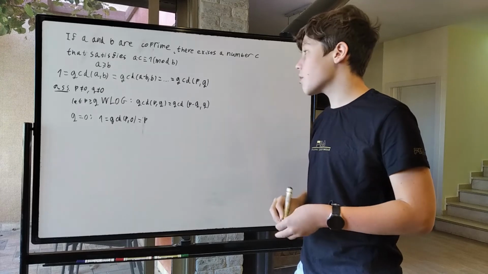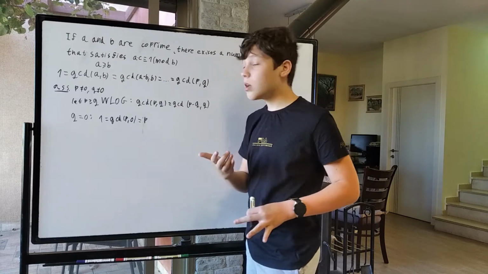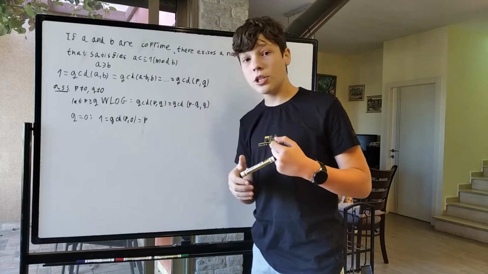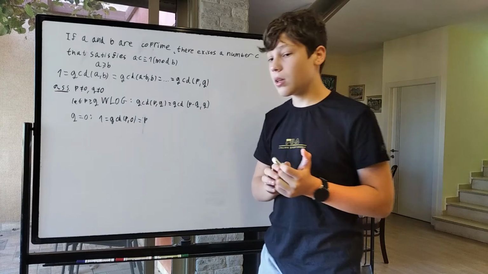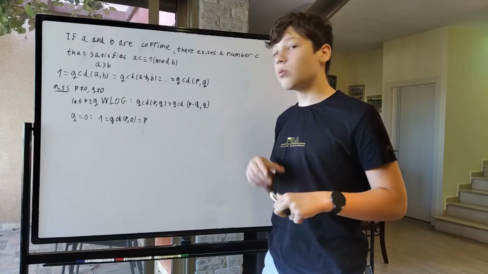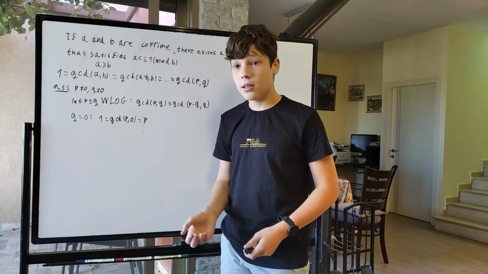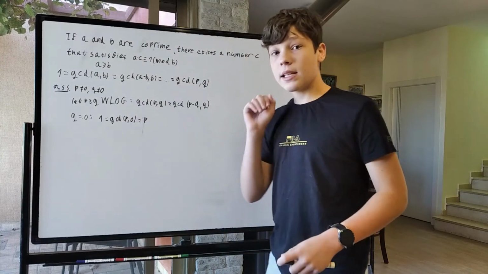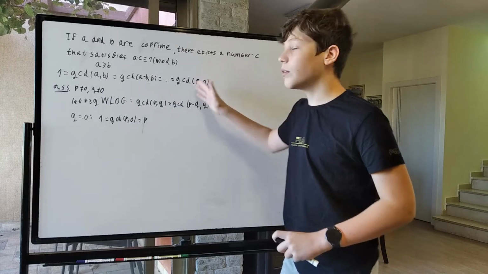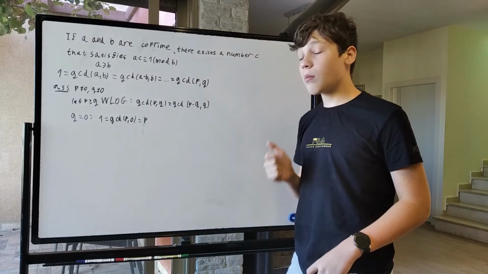Now, let's look at this another way. Each time we're repeating this algorithm, we're subtracting either B or A minus B, or some combination, some linear combination of A and B. Something that looks like X times A plus Y times B. That's what we're always subtracting, either from A or B or from another linear combination of A and B. But what we always get is another linear combination of A and B, meaning that along the way, all of these can be expressed as a linear combination of A and B with whole numbers.